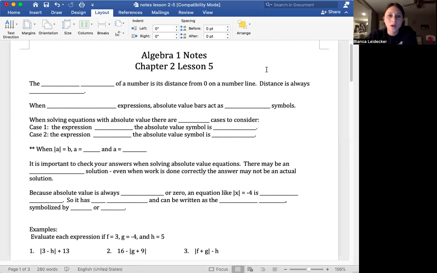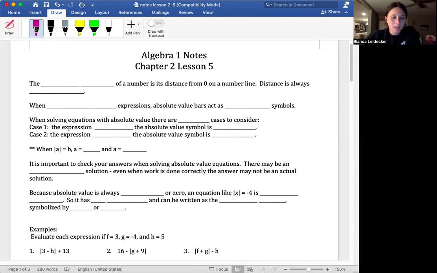This lesson is about absolute value. So let's give ourselves a little refresher of what that is. Absolute value of a number is its distance from 0 on a number line, and distance is always positive.